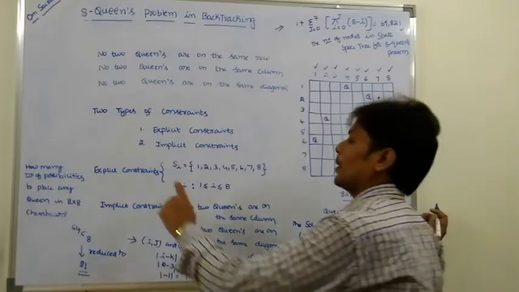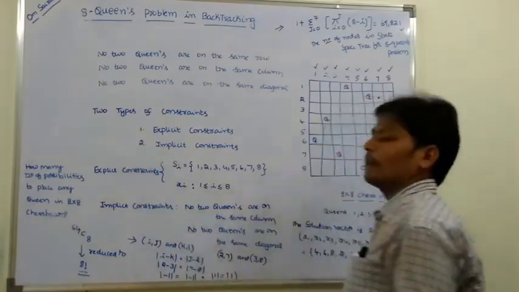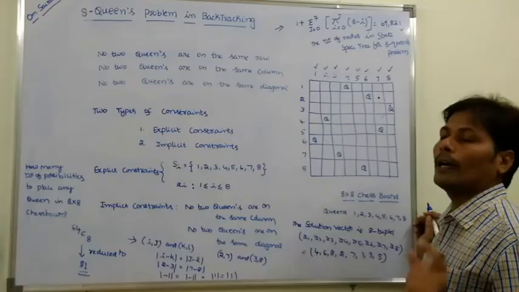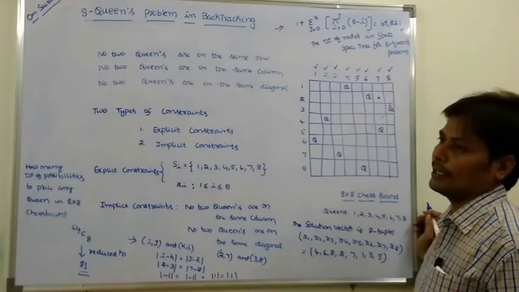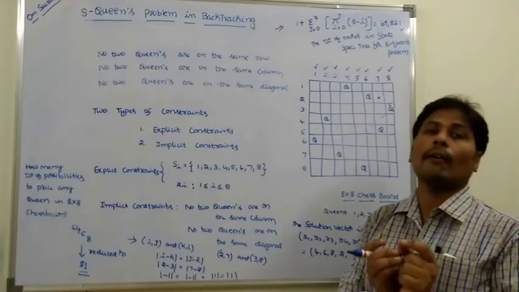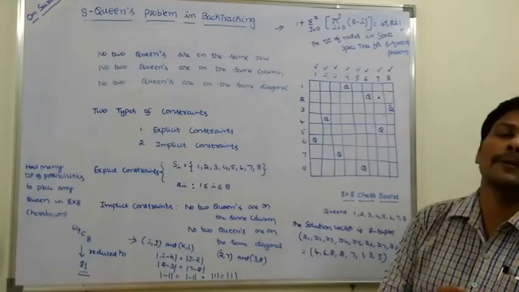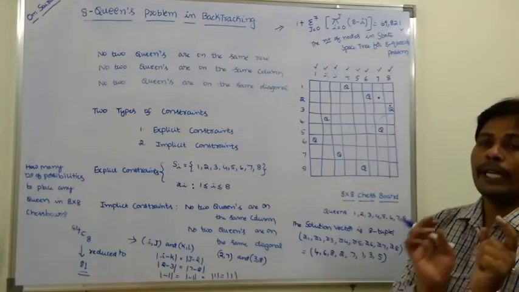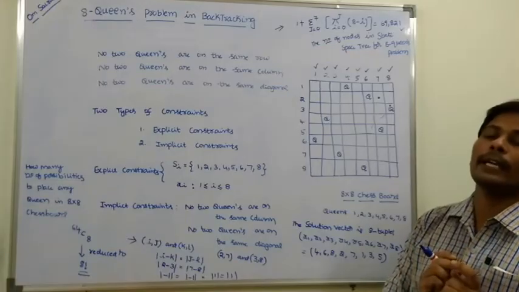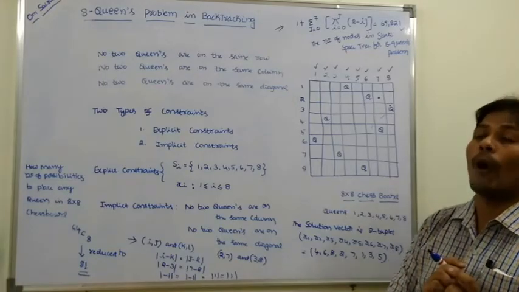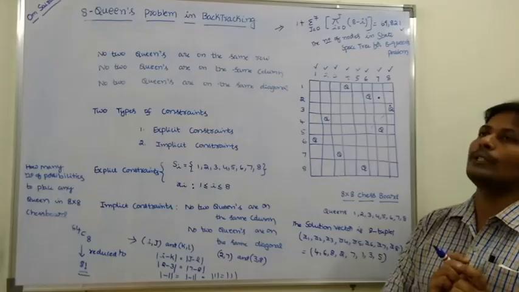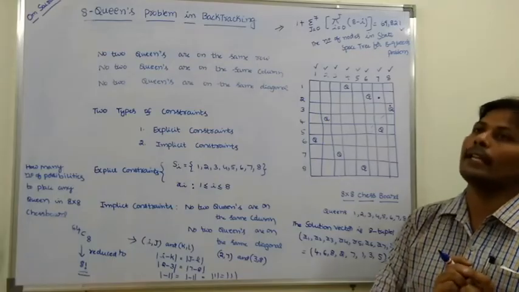So here we are using two types of constraints. One is explicit constraints and the second one is implicit constraints. Explicit constraints are the rules that restrict each xi to take on values from a given set. The given set S suffix i contains only the 8 column values, that is 1, 2, 3, 4, 5, 6, 7, 8.